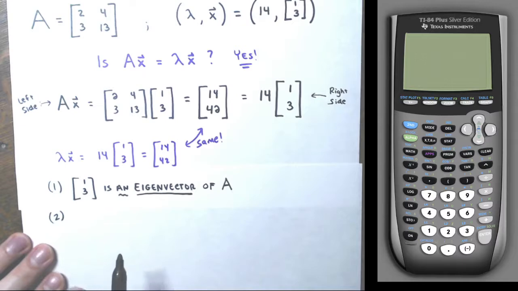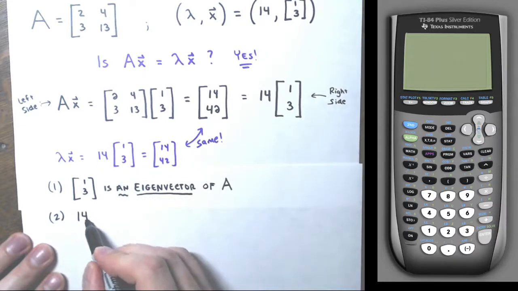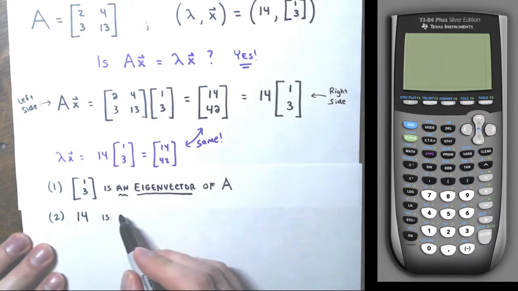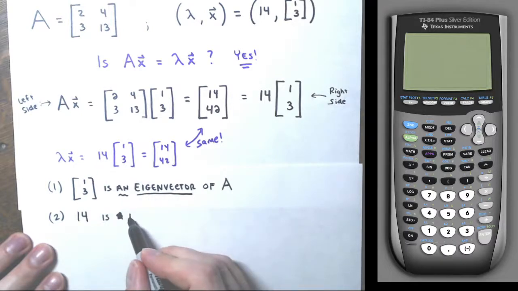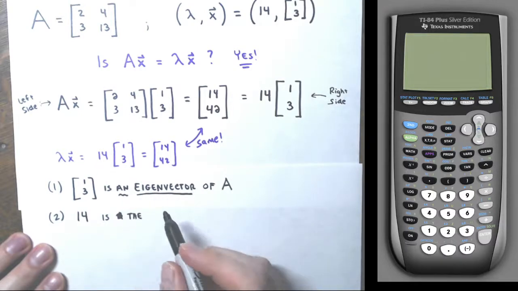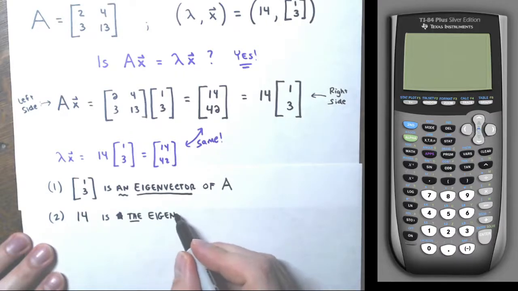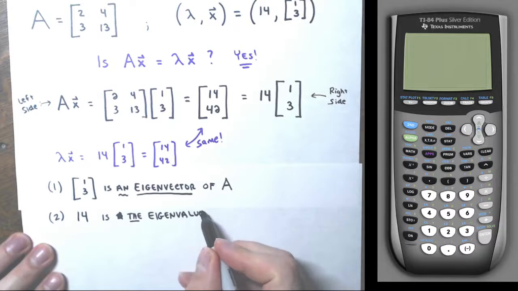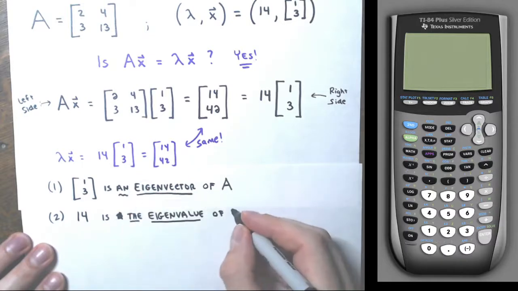Another thing we could say here is that the value 14 is the eigenvalue of A that corresponds to the vector 1, 3.